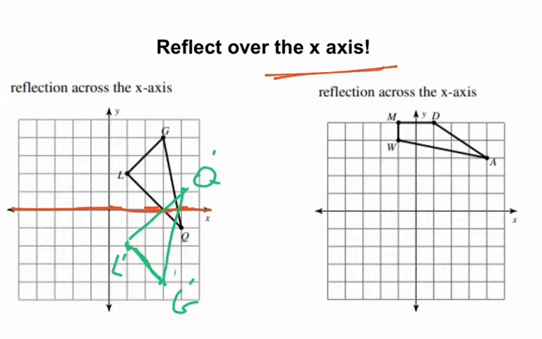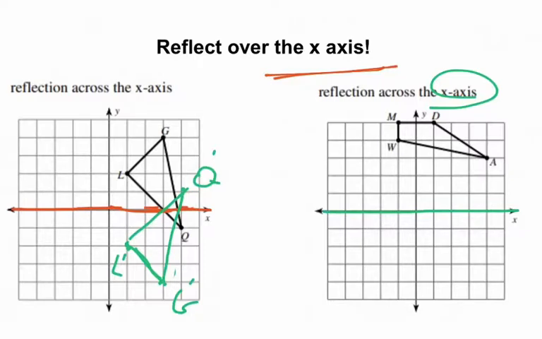On our next example, we are still reflecting across the x-axis. So I'm going to draw me a line on the x-axis. Okay. So all of these are above the x-axis. So when we finish, they will all be below. Okay, so I'm going to start. I'm going to count. A is 1, 2, 3 points away.